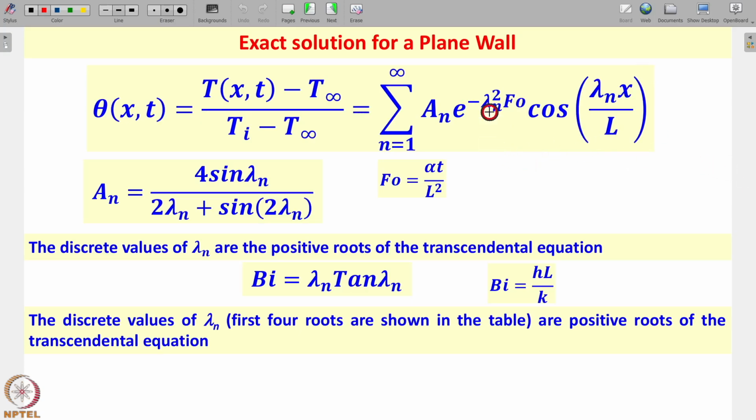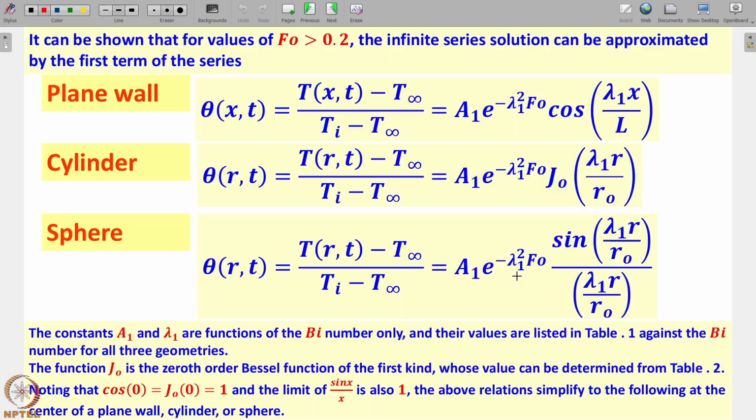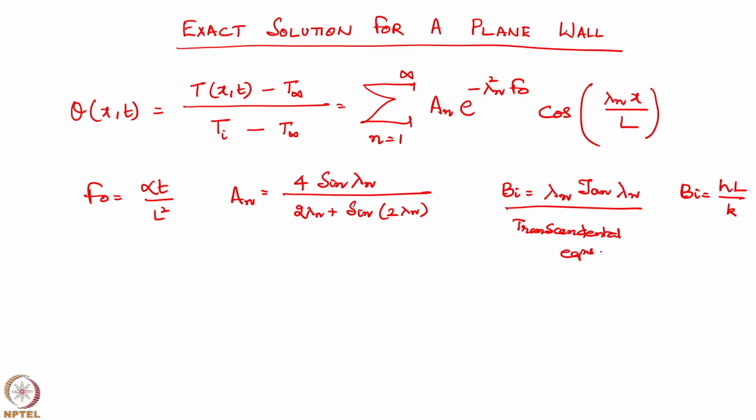Next question is, how many terms of this series I am supposed to take? That is, how many terms I have to take to get the correct solution. Luckily, this is for different Biot numbers I have given. For a Fourier number greater than 0.2, the first term of the series would suffice.